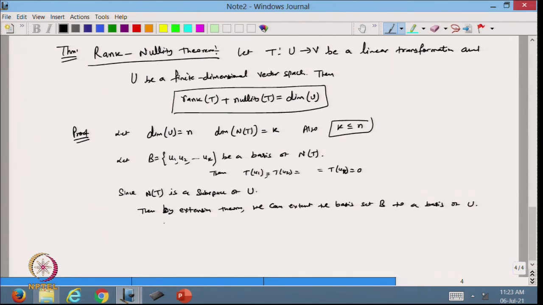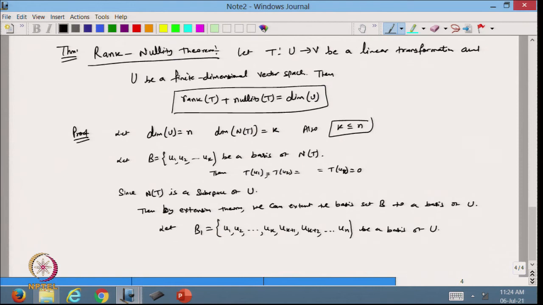Let me just take B1 as the basis. That will contain u1, u2, up to uk, uk plus 1, uk plus 2, up to un. So, let B1 be a basis of U.